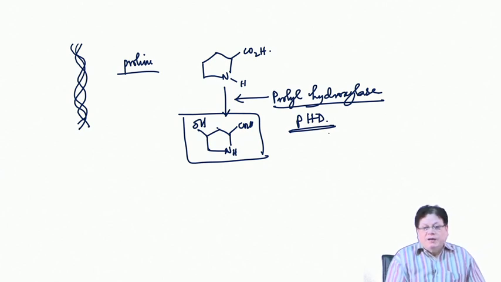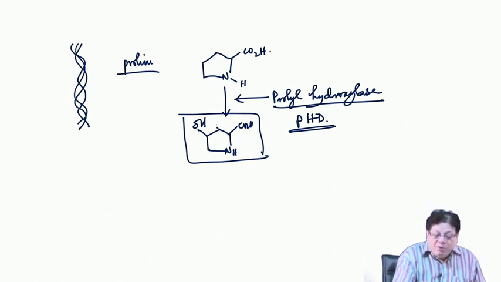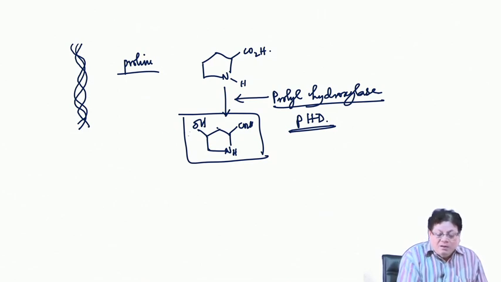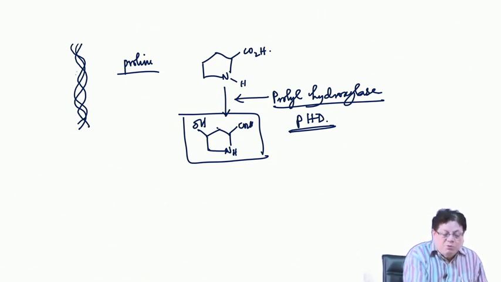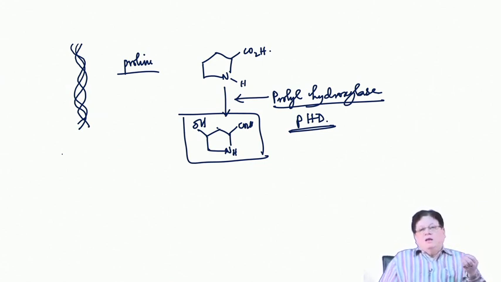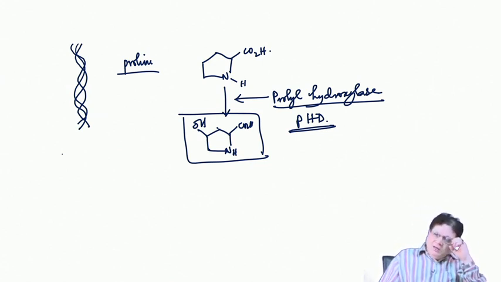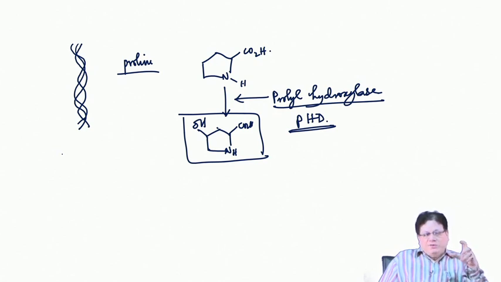It is a very important enzyme, because that hydroxylation gives the 4-hydroxyproline that is present in collagen. That means in collagen, the proline, which is the natural protein amino acid, is further hydroxylated to form 4-hydroxyproline.